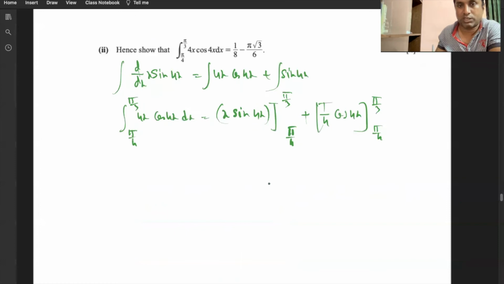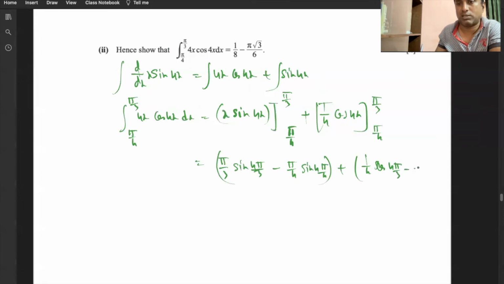and if we use these values here, pi by 3 sine 4 pi by 3 minus pi by 4 sine 4 pi by 4 plus 1 by 4 cos 4 pi by 3 minus 1 by 4 cos 4 pi by 4.